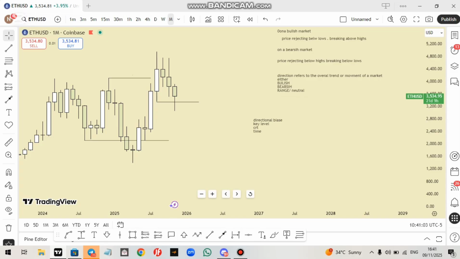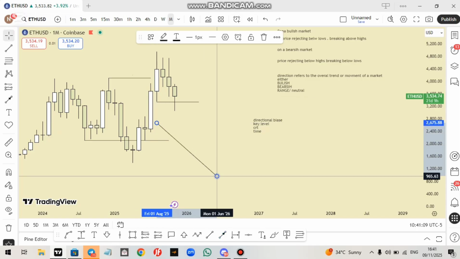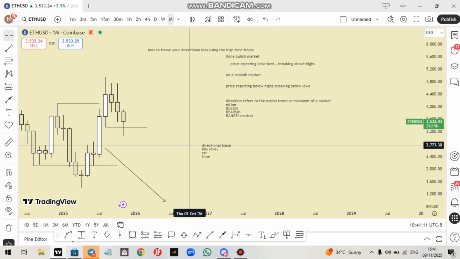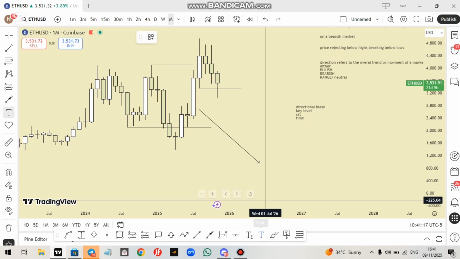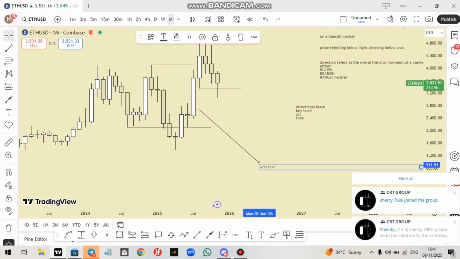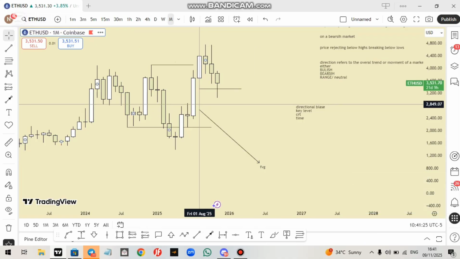There must be a reason for you buying, right? We have a fair value gap. Jot it down: fair value gap, FVG. This is the fair value gap we are looking at, which is now our key level.